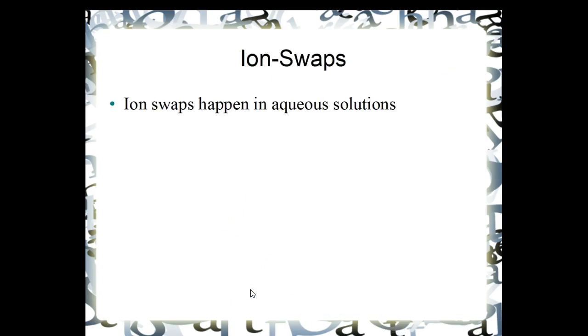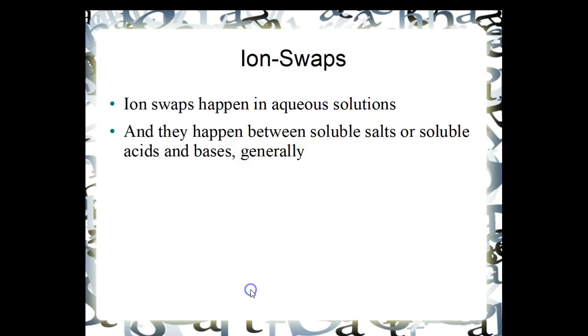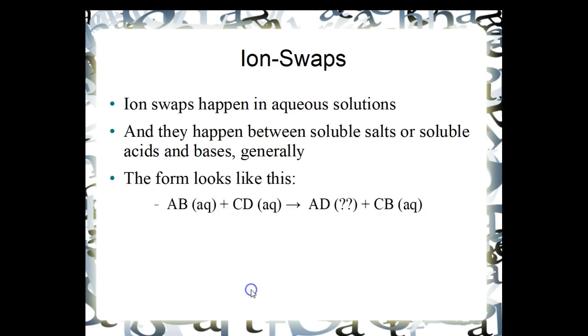Ion swaps happen in aqueous solutions, and they happen between soluble salts or soluble acids and bases in general. The form looks like this. Aqueous compound AB reacts with aqueous compound CD to form compound AD and aqueous compound CB.